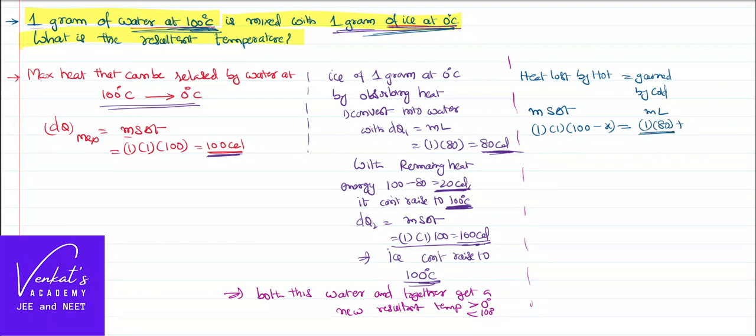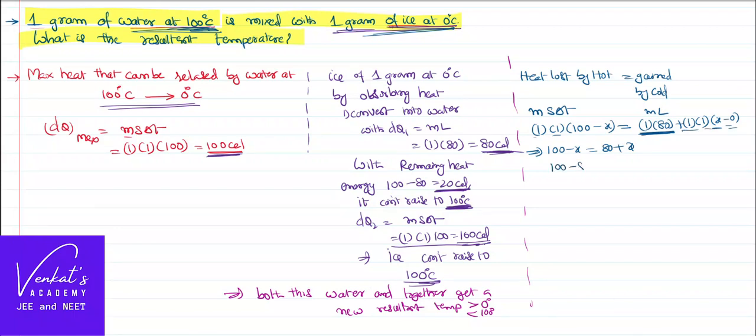Now this ice is already converted into water, so mass is 1 gram of this water. Specific heat of water is 1. Delta T is, it is going to rise from 0, the conversion happened at 0, to a new temperature x. That implies 1 into 1 into (100 minus x) equal to 80 plus 1 into 1 into x.